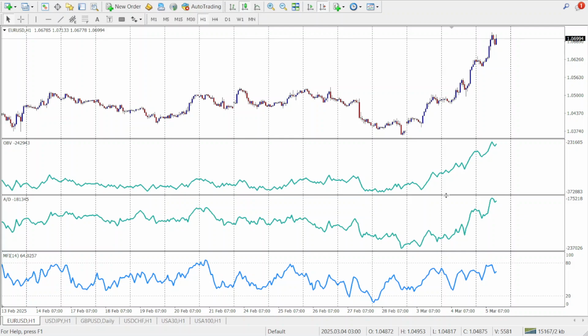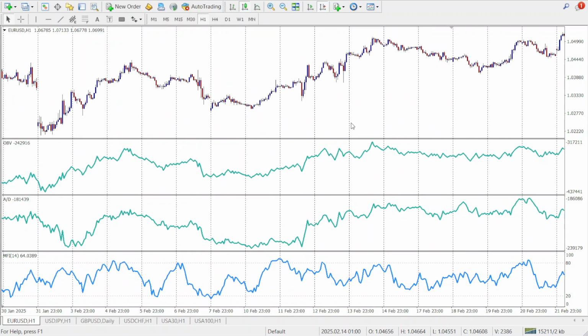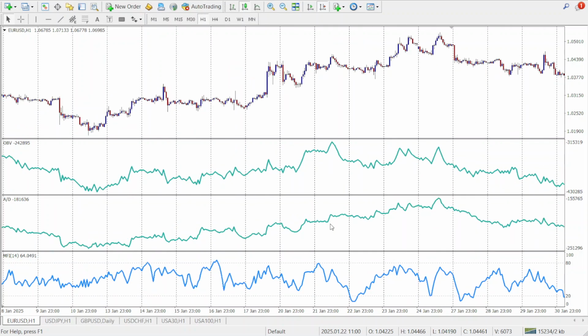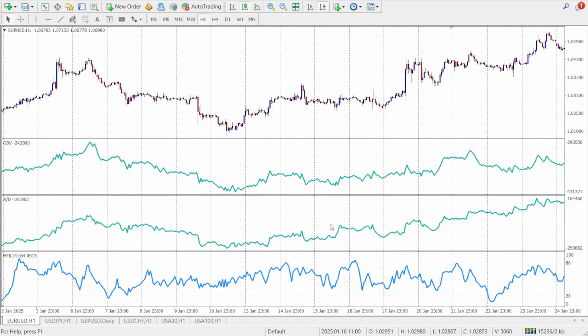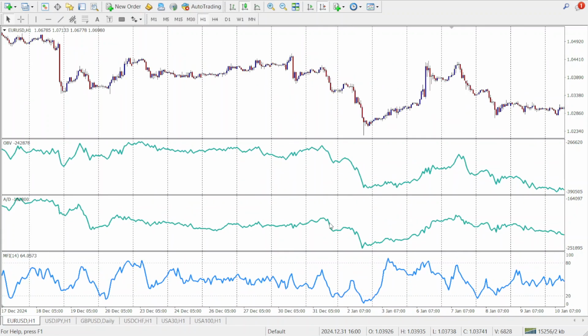Conversely, if the price is making new lows and you notice that the AD is rising, let's see if we can find such an example.